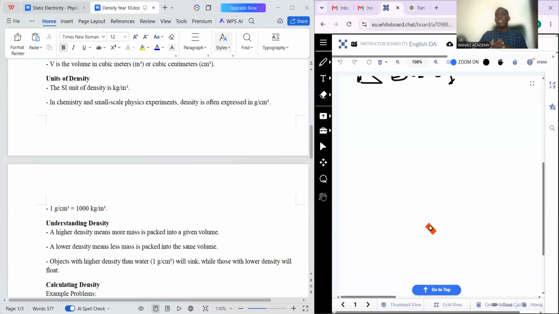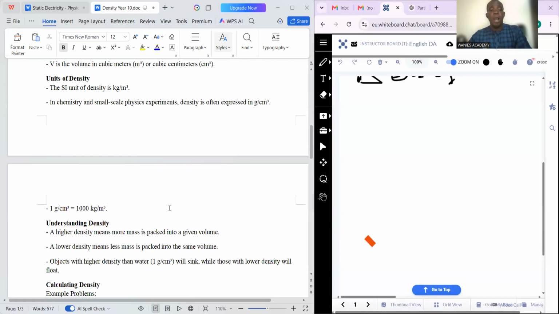Whether it will float or sink is determined by the density of the object.